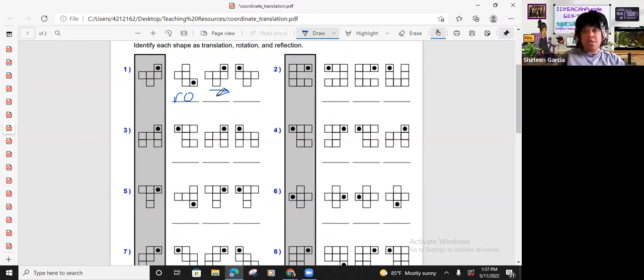Well, I put the arrow, so he's sliding to the left. I mean, to the right. Well, he's sliding to the left for me, to the right for you. He just moved over. His shape and his size stayed the same. Is that a translation, a rotation, or a reflection? Well, it's not a reflection.